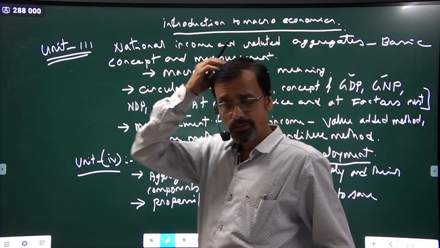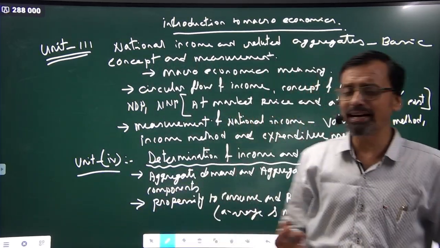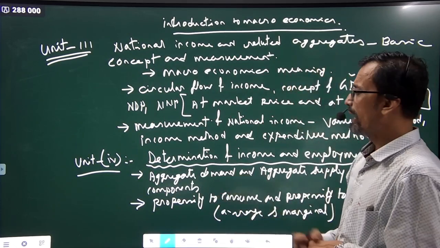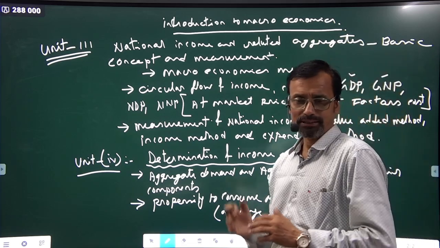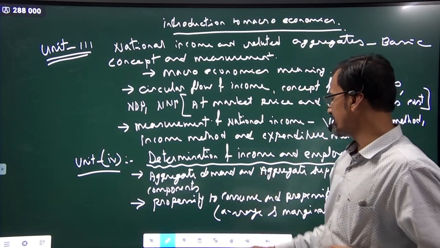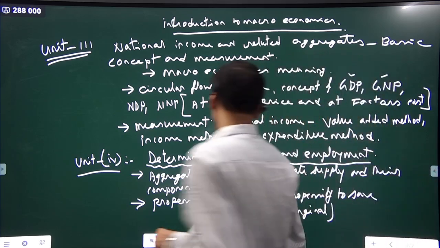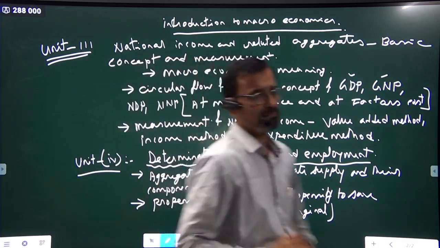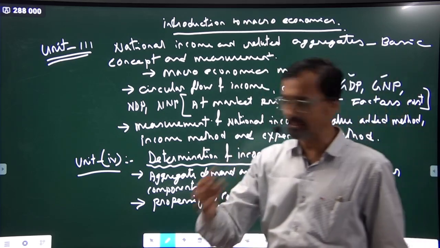That means at what rate the consumer saves out of his income. So propensity to save or propensity to consume, both are to be understood, average as well as marginal. That is marginal propensity to consume, average propensity to consume.